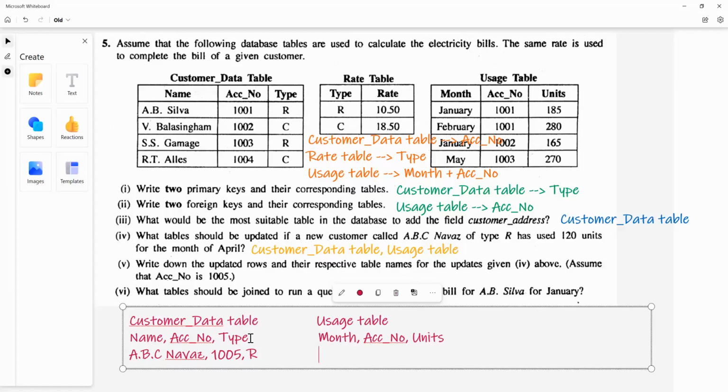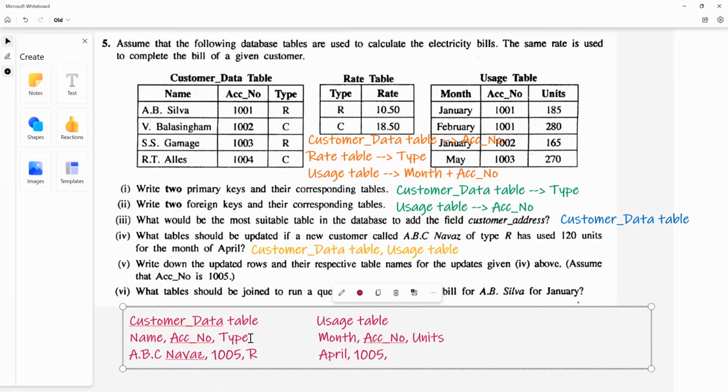Yes, what's the month? April. Yes, the month is April. What is the account number? 1005. Yes, it should be 1005.